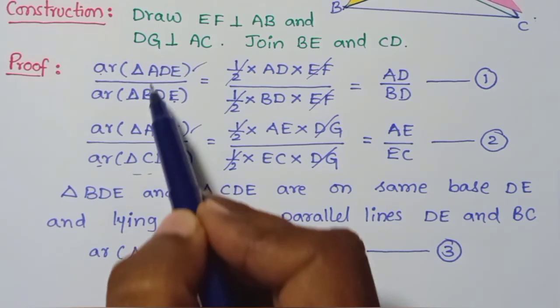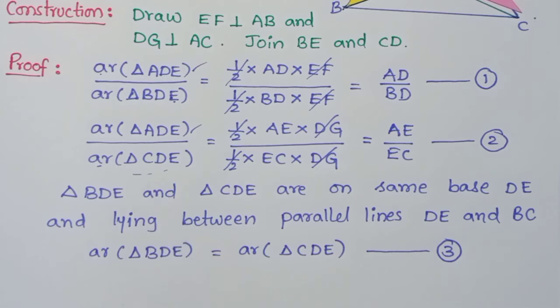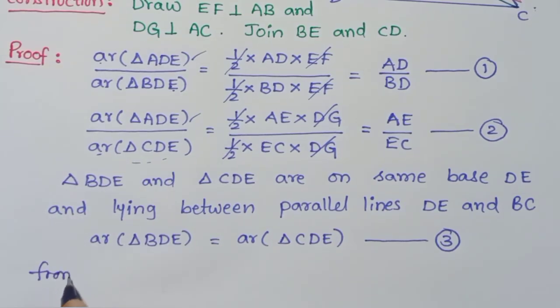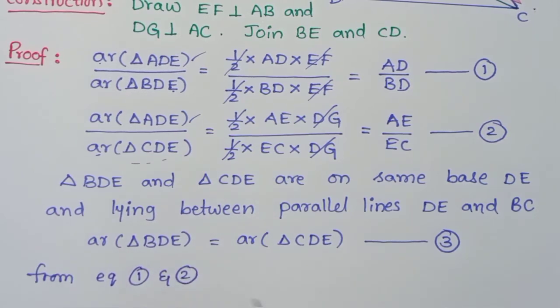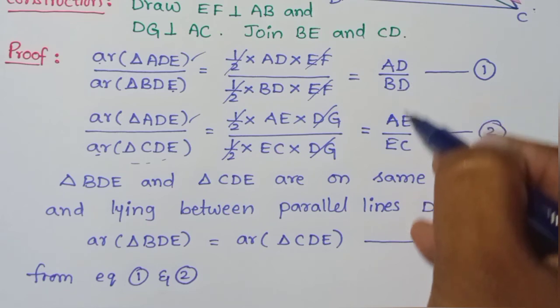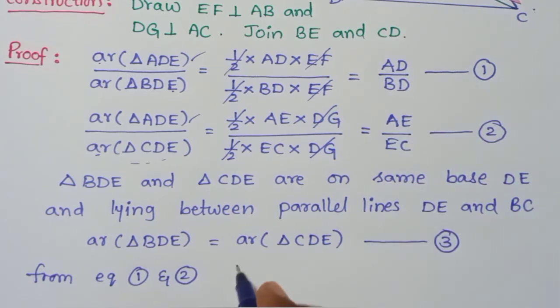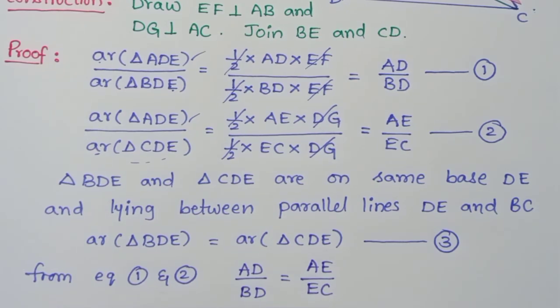So these two ratios will be equal. From equation 1 and 2, we can write these two ratios are equal. AD by BD is equal to AE by EC. Hence, our theorem is proved.